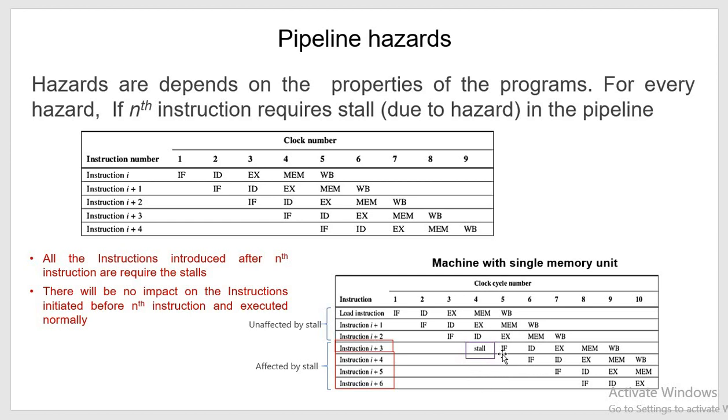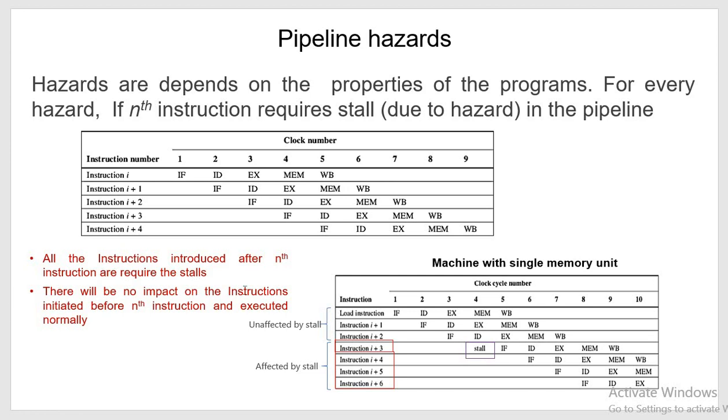Naturally, as I plus 4 was expected to be fetched in clock cycle number 5, but at clock cycle number 5 the I plus 3 is fetching, I plus 4 will also be delayed by one clock cycle and the process will go on. So each and every instruction introduced after the affected instruction also requires stalls.